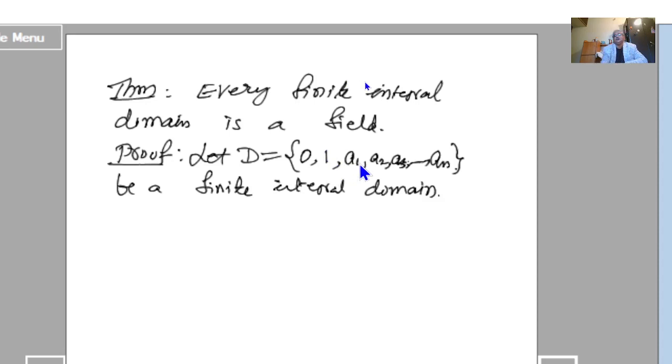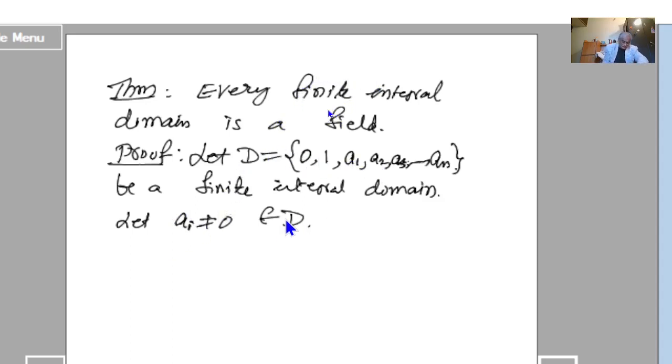I have to consider an element here. These are all non-zero elements here. One arbitrary element here, and I have to prove that inverse of that element exists. So let me consider, let AI not equal to 0 belongs to D. If I am able to prove that AI is invertible, then I can say that D is a field.